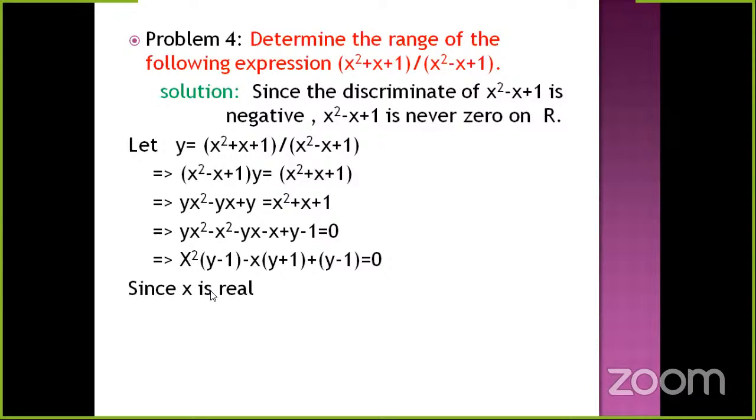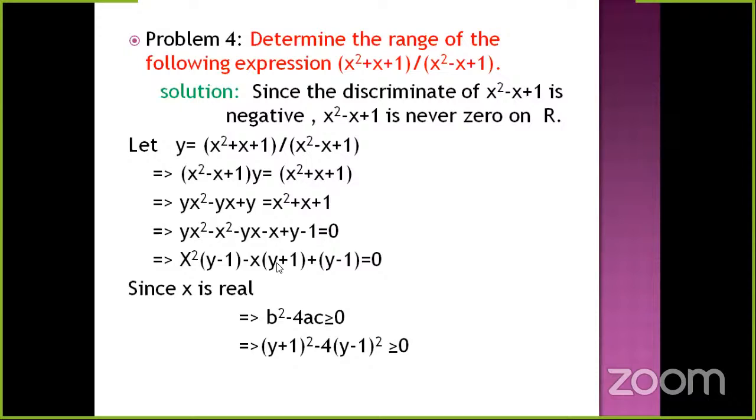If the roots are real, we have two conditions, that is, delta greater than or equal to 0, because when delta is greater than 0 we have real and distinct roots, and if delta is equal to 0 we have real and equal roots. So since the roots are real, I can take the delta value as greater than or equal to 0.